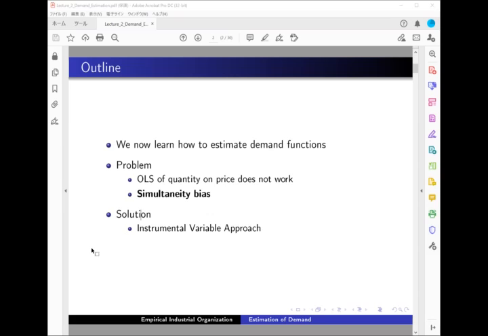It turns out that simply regressing the quantity of a product on its price does not really work here due to something called simultaneity bias. And you will see how the instrumental variable approach solves this issue of simultaneity bias to recover a demand function.